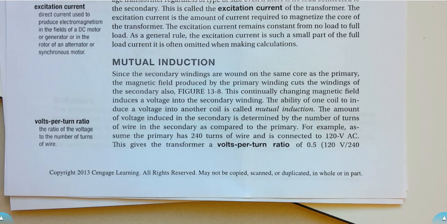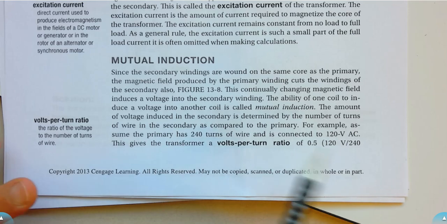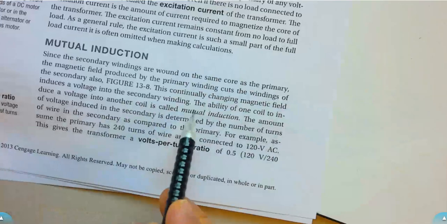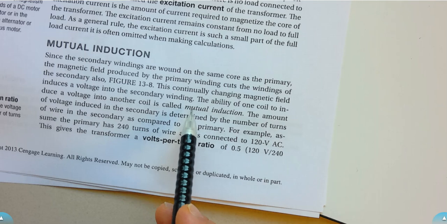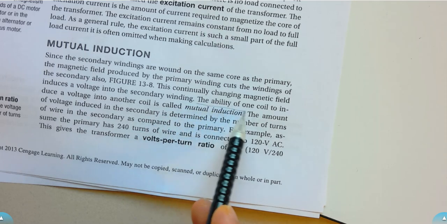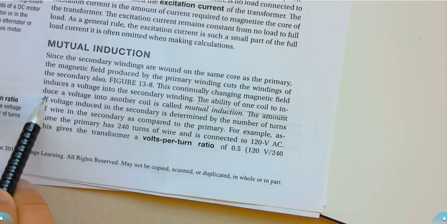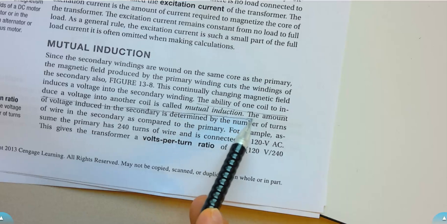Okay, guys, let's start with mutual induction. If you can take a look here, the ability of one coil to induce voltage into another coil is called mutual induction.